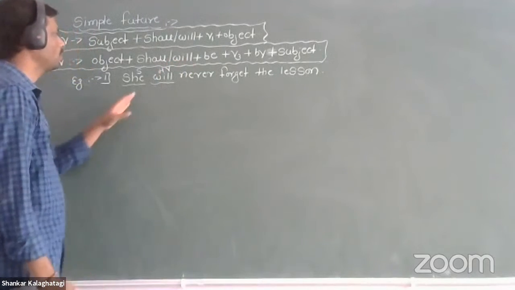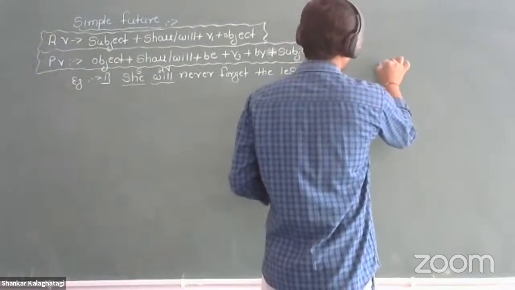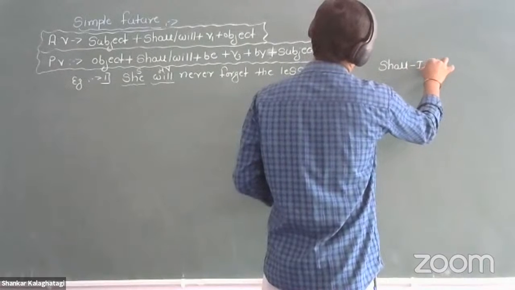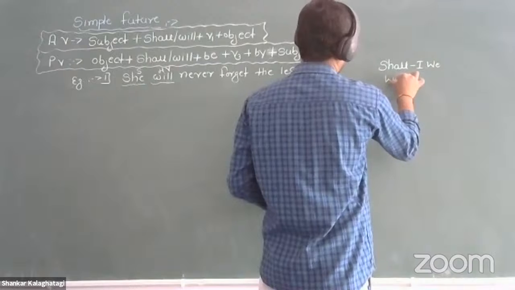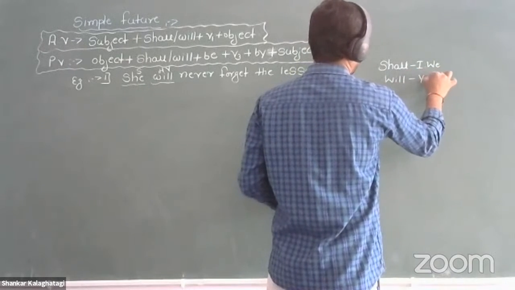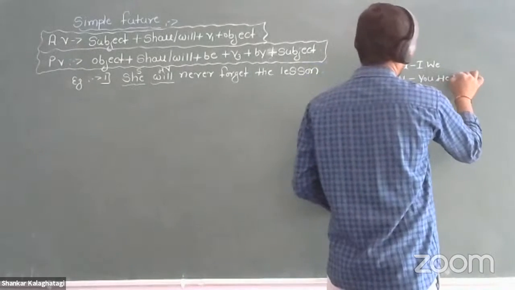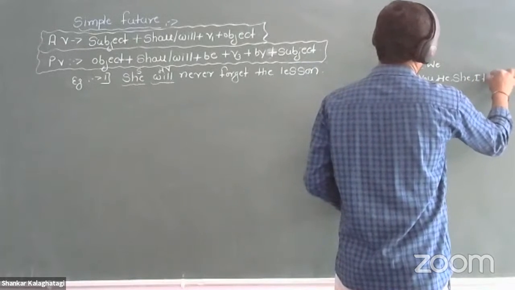Now one thing you have to remember, that where to use shall and will. Shall is used for I and we. Will is used for remaining all, that means you, he, she, it, they.